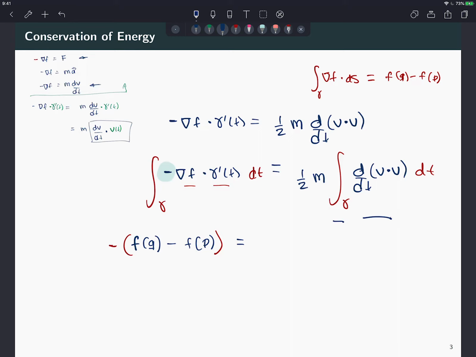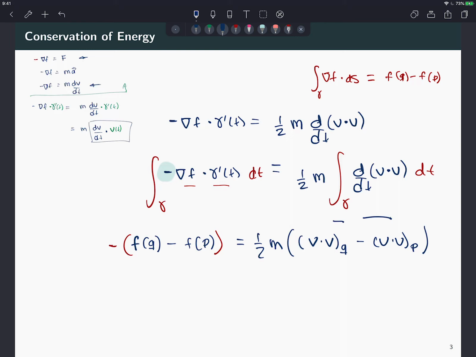So this is just the fundamental theorem of calculus from Calc 2, and this is just the inside function, again, evaluated at the endpoints. So this is going to be, again, 1/2 of m. The inside function was just v dot v, right? Evaluated at q minus v dot v evaluated at p. So I'm going to write it like that.